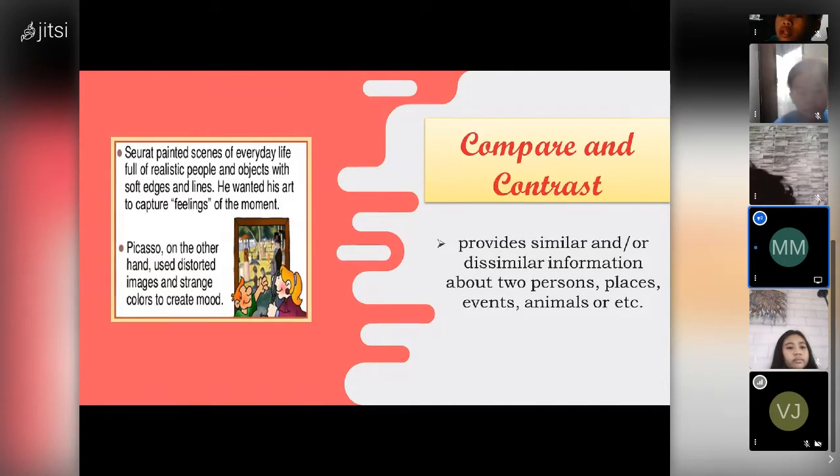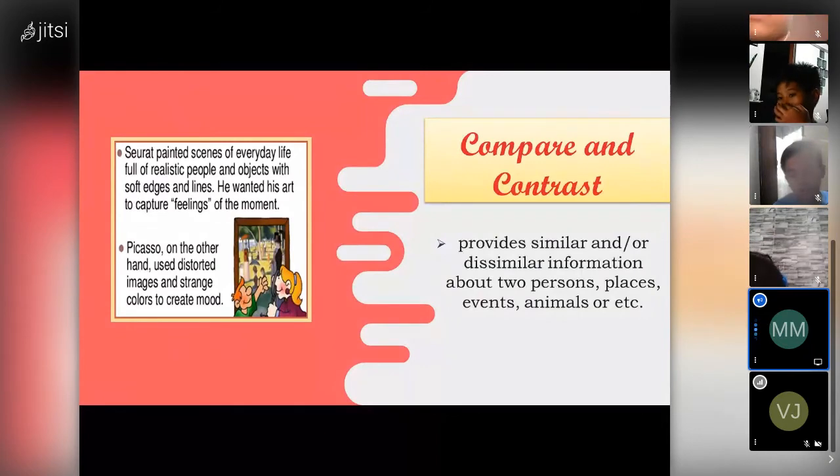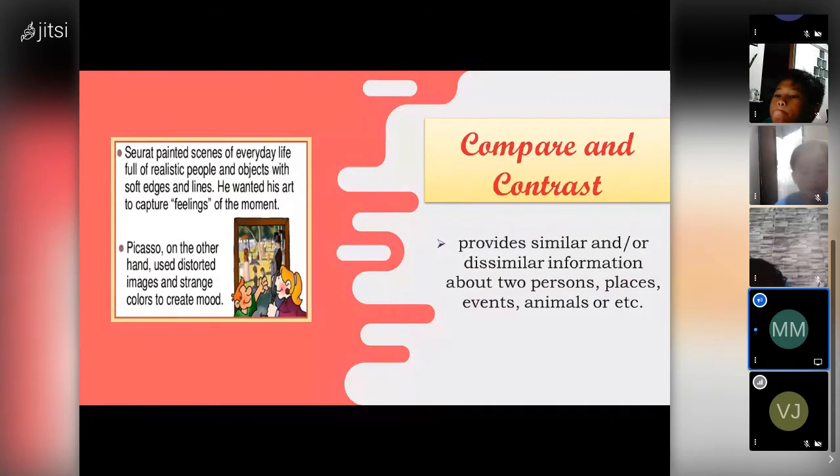If it is dissimilar, it is contrast. So compare and contrast in general provides similar and dissimilar information.